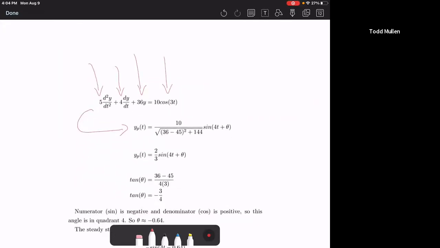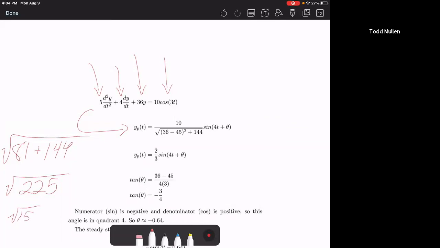So this is actually going to simplify greatly because in this square root in the denominator, 36 minus 45 is -9. Square that, you get 81. That just ends up being the square root of 225 because 144 plus 81 is 225.